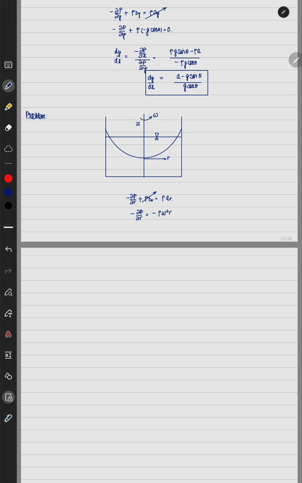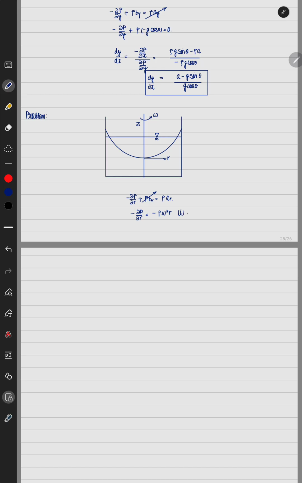Whenever a body is moving in a circle of radius r and angular speed omega, the centripetal acceleration towards the axis through which it is rotating is given by omega square r. So the r is taken as positive in outward direction, and omega square r is in the inward direction towards the axis, so we have to take a minus sign, minus omega square r. So minus del p by del r is equal to minus rho omega square r. This is the first equation.